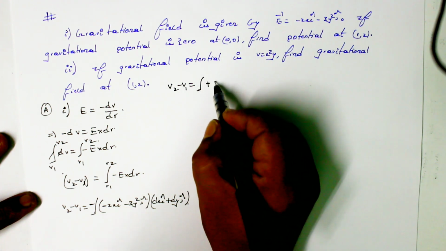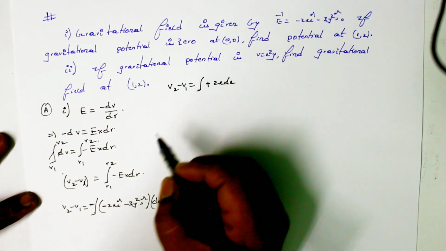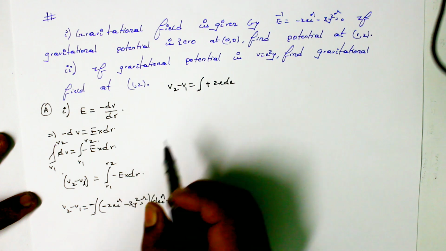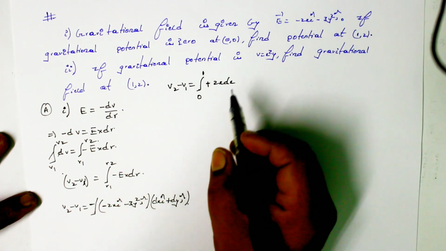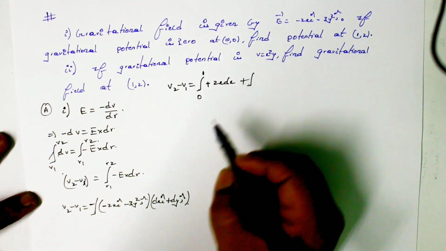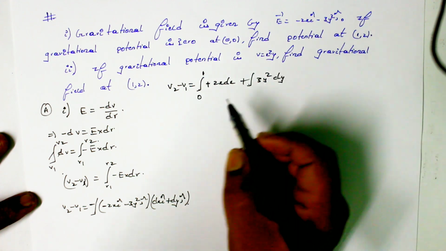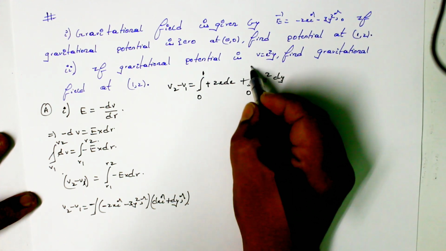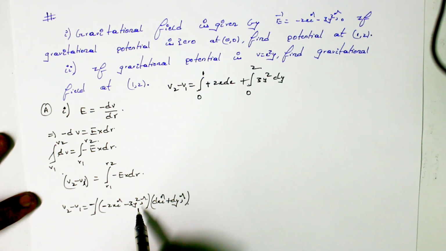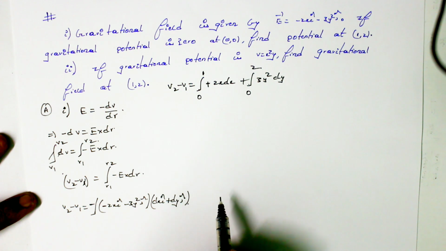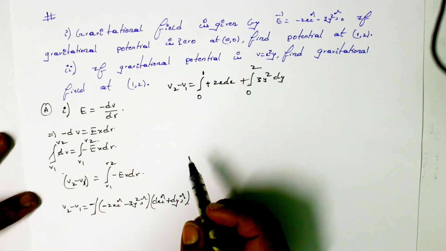So integration of 2x dx, and the limits are from 0 to 1 in x-axis, plus integration of 3y² dy, and the limits are from 0 to 2 here. So i cap dot i cap will become 1, similarly j cap dot j cap will become 1 here.